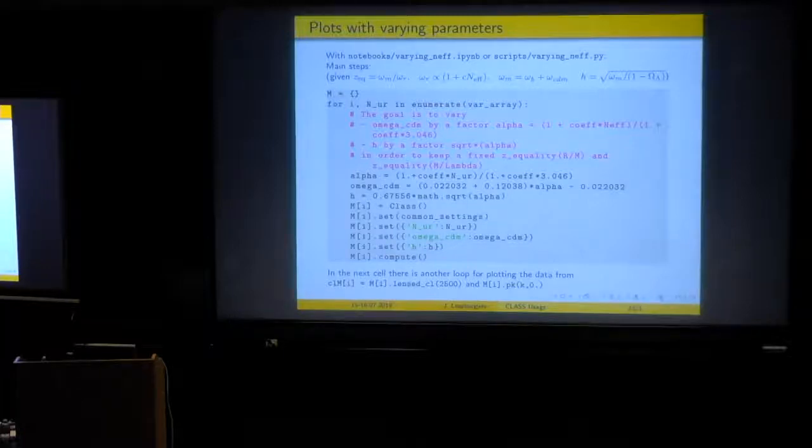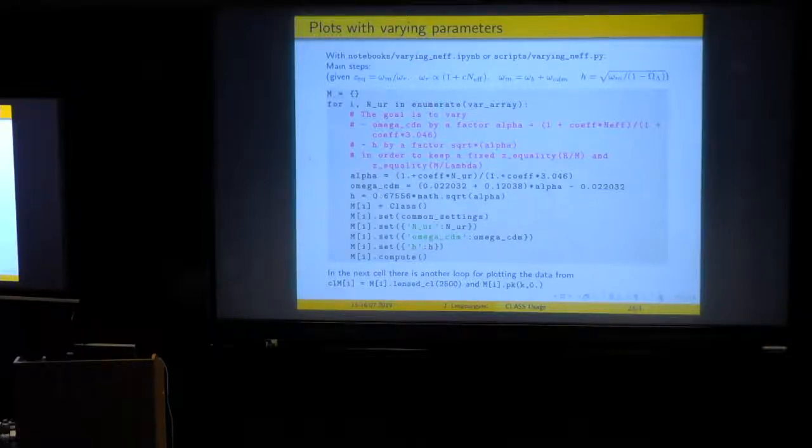So when we vary N_eff, we increase the density of radiation. If we want to keep the same z_eq, we must increase omega_m by the same amount. But omega_m is omega_b plus omega_cdm. We want to fix omega_b because it's given by the CMB. And we want to increase omega_cdm in such a way that omega_m increases proportionally to this.